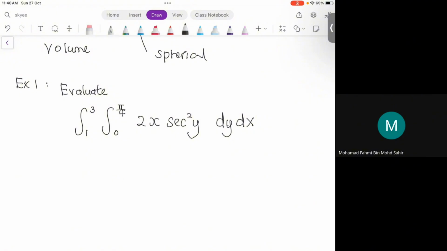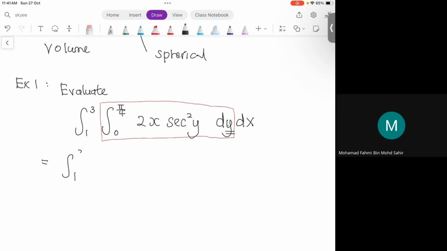So now this is a double integral. What you have to do when dealing with double integrals is perform the integration one by one. Looking at this, you will perform the integration of dy first, because dy is in the inner part. When you perform integration with respect to dy, x will be a constant. I repeat, when you perform integration with respect to y, x will be a constant, meaning you can take the x out.